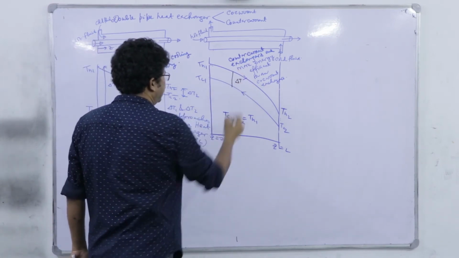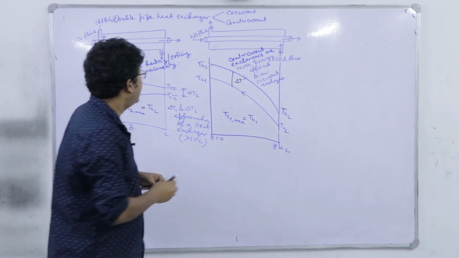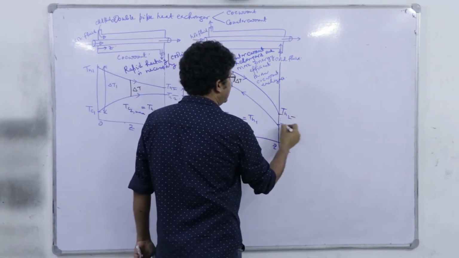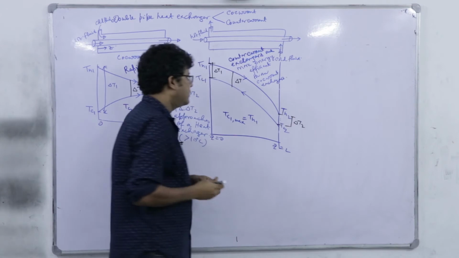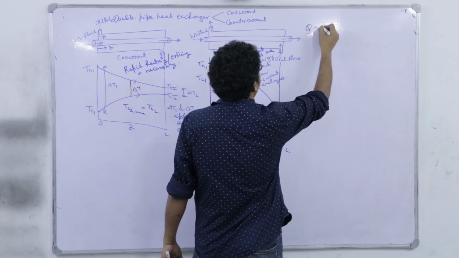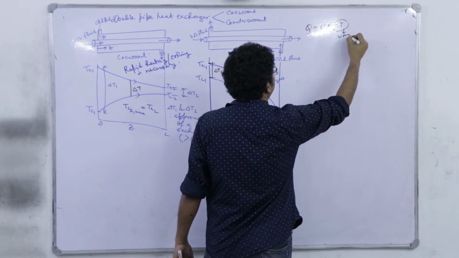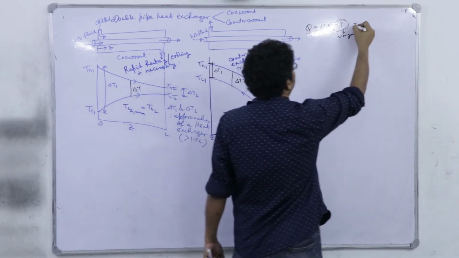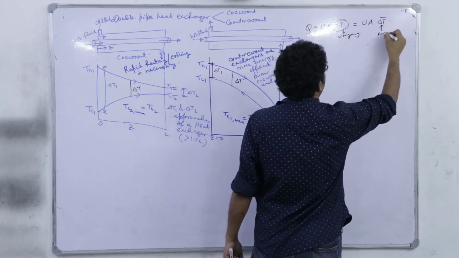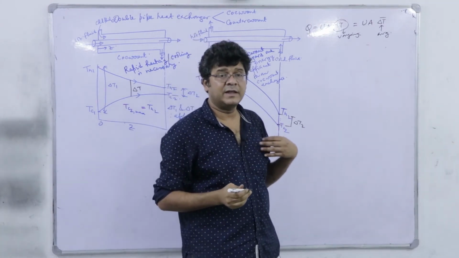Here it's also this delta T, and delta T changes with distance, and it's changing from here, this approach delta T1, to here delta T2, right? So we cannot write that Q is equal to UA into delta T because this delta T is varying. So there must be some sort of average, right? So what average is the most appropriate that we have to establish mathematically.